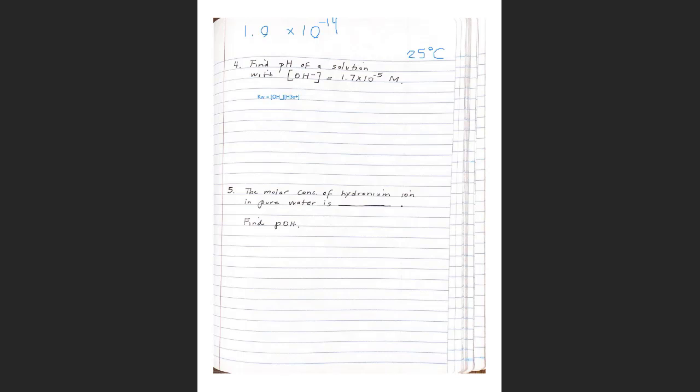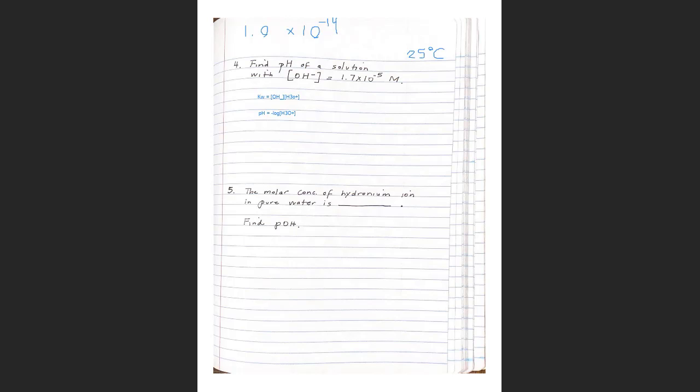I just basically solved for the hydronium concentration by dividing 1.0 times 10 to the power negative 14 by 1.7 times 10 to the power of negative 5. And then the next formula that you're going to use to find your pH is pH equals negative log of the hydronium concentration.